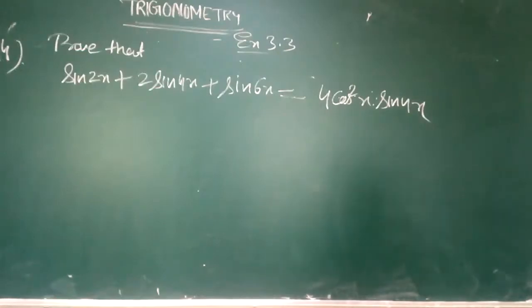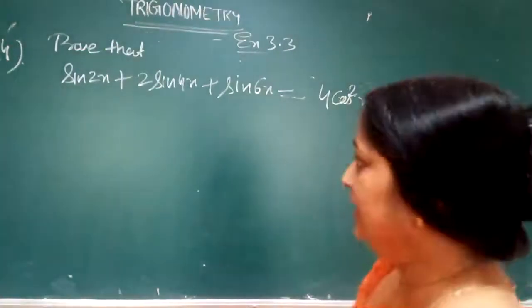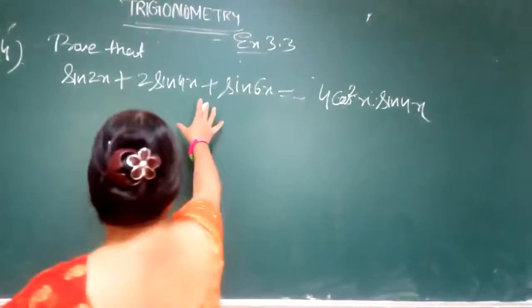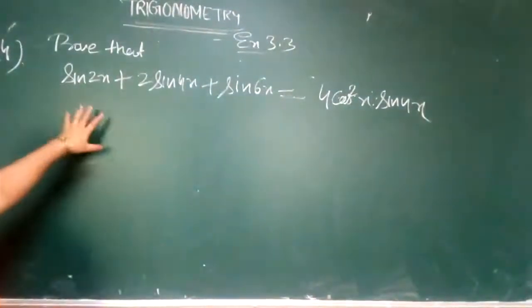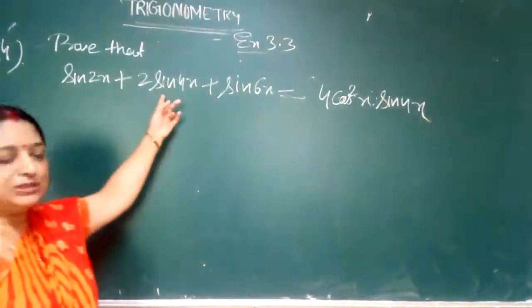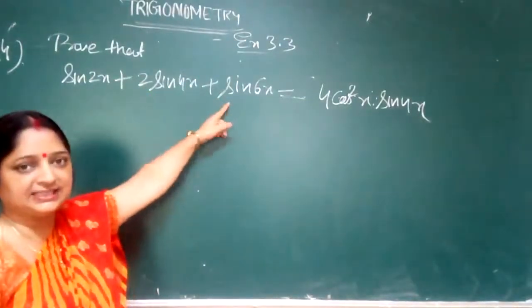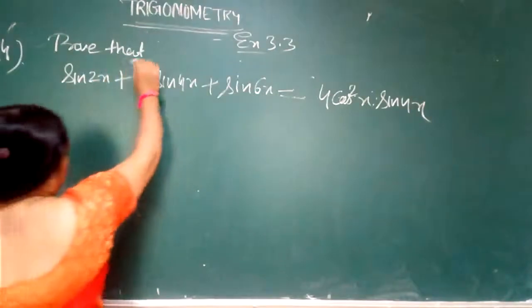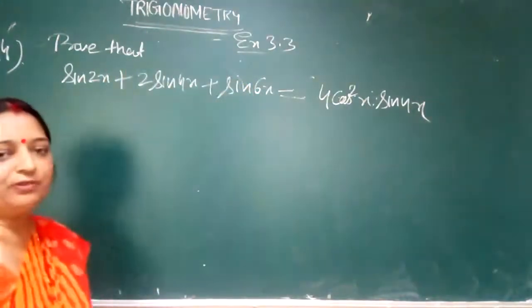Now let us start the solution, students. Here we will take the left hand side, and in the left hand side you can see sine 2x plus 2 sine 4x plus sine 6x. If we combine these two terms, then it will make the formula.